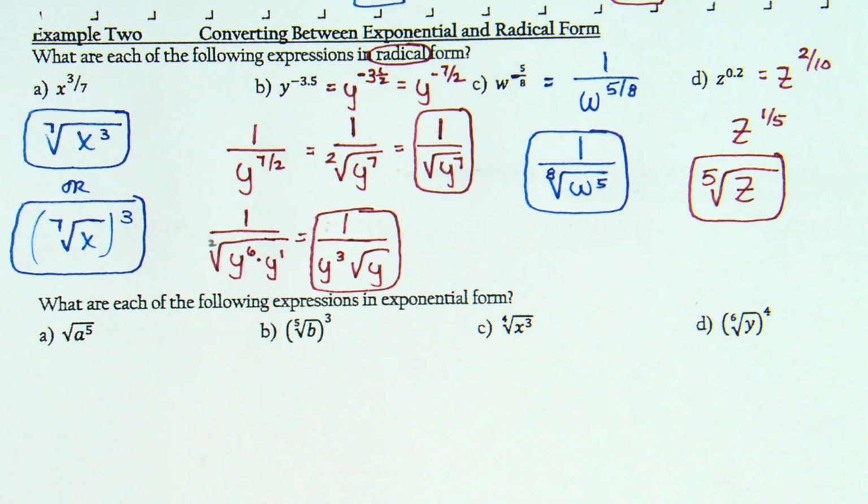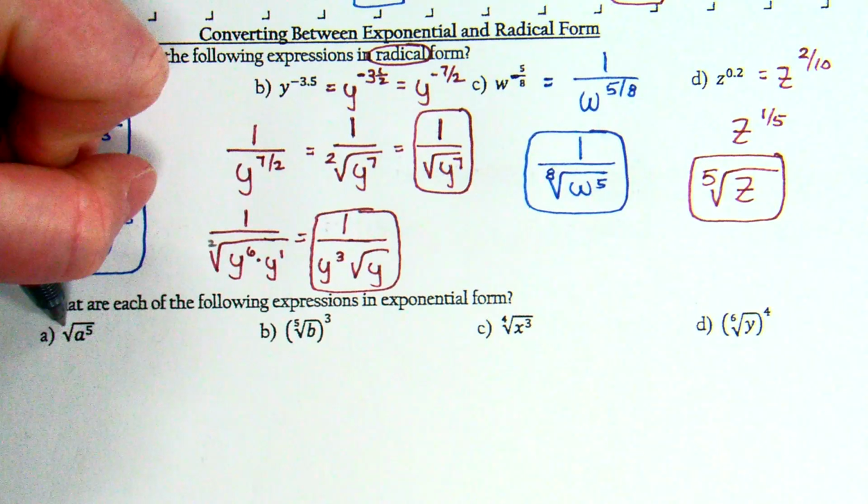A to the what? So how do I know? Is it a to the 2/5 or a to the 5/2? Okay. My invisible index there is 2.